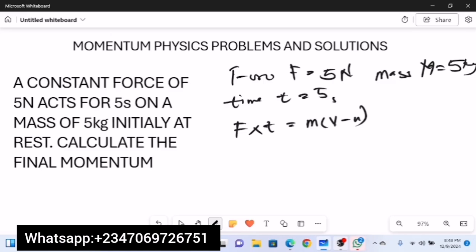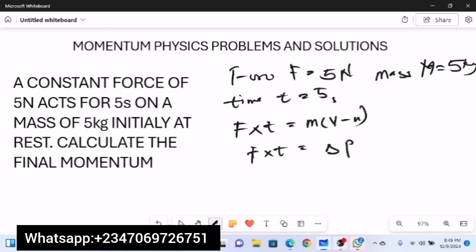So you can simply say impulse, force times time, is simply equal to the change in momentum, p, where p stands for momentum. So it means that impulse is the same thing as change in momentum. All we need to do in this question is multiply the force by the time of action. That gives us the final momentum.